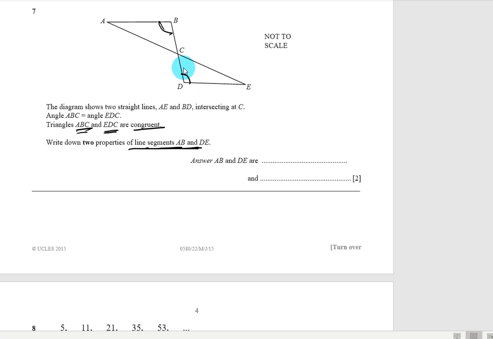So the answer is AB and DE are parallel and the same length. So the two lines mentioned here will be parallel, and of course have the same length because the two triangles are the same triangle.